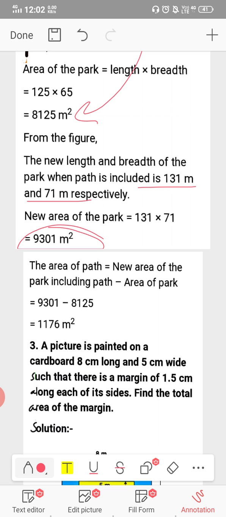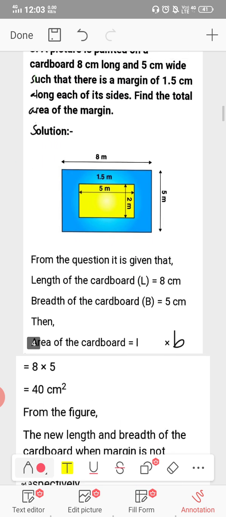So for finding the area of the path that is between these two rectangles, we will subtract the smaller rectangle area from the bigger rectangle area. Now it will be equal to 1176 meter square.